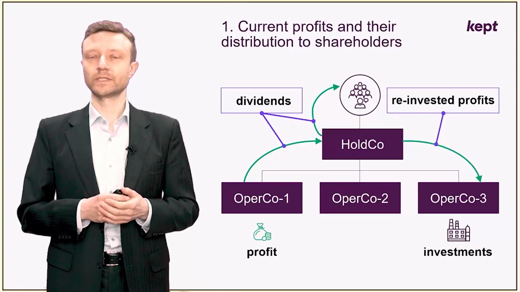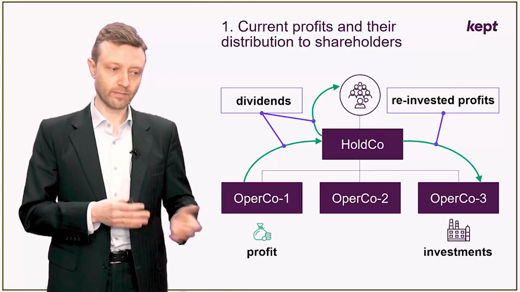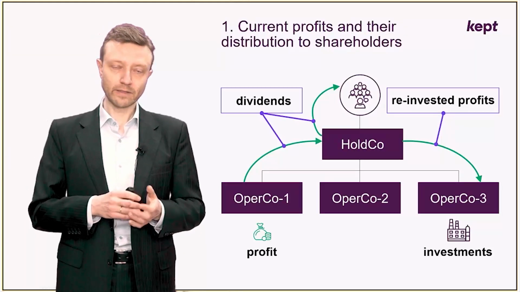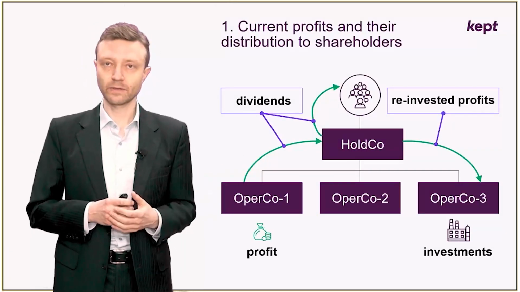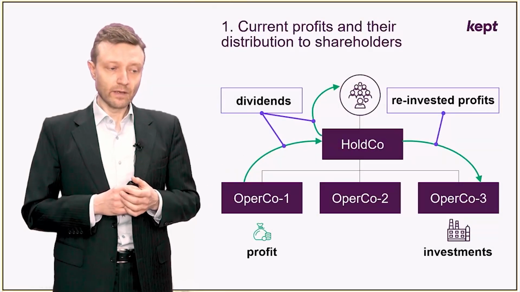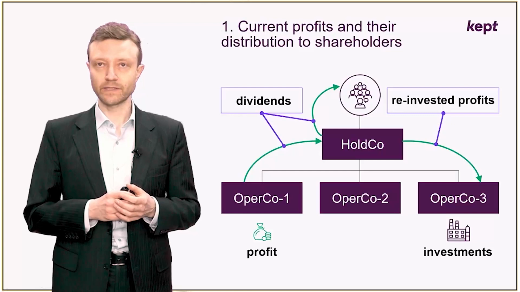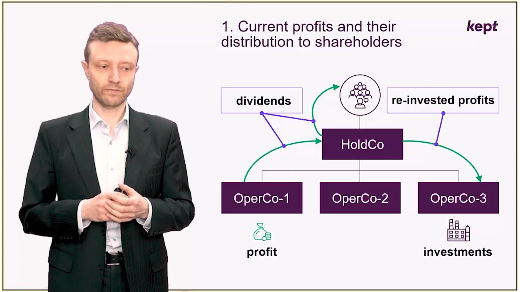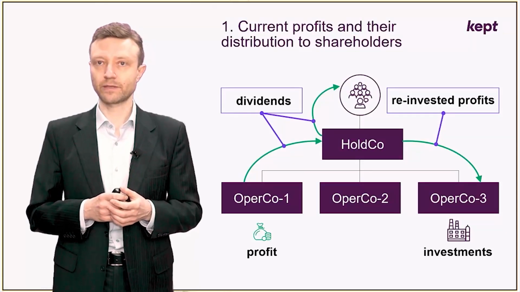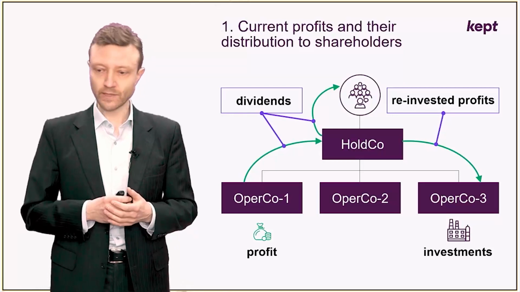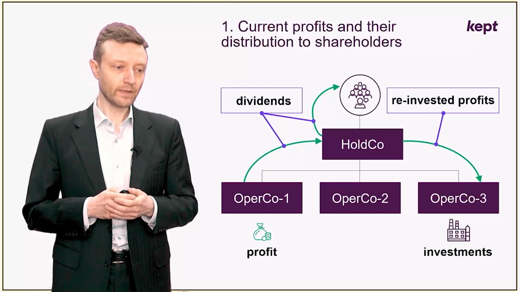Another scenario is where these profits that are generated in one part of the business by the operating company 1 may need to be reinvested into other projects that require financing. And here is an example where the holding company that received dividends from the operating subsidiary reinvests, contributes these profits, for example, into capital, or provides a loan to the operating company that requires financing, that requires investment, for example, to purchase an asset or to build a plant.